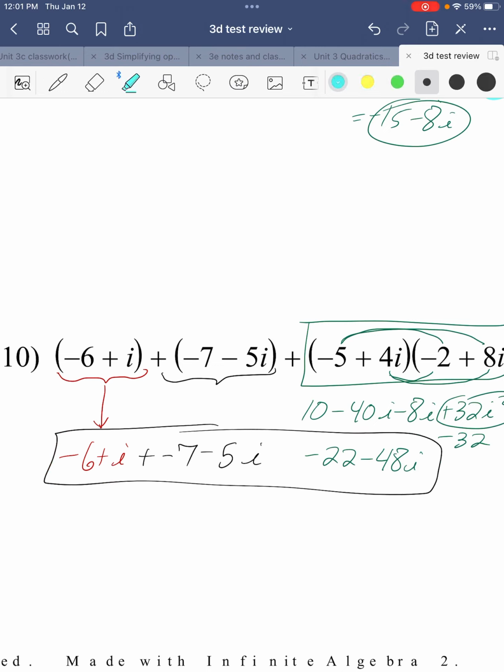So now I need to get all these terms together. Negative 6 and negative 7 and negative 22 are all going to come together as negative 35. 1i minus 5i is negative 4i minus 48i is negative 52i.